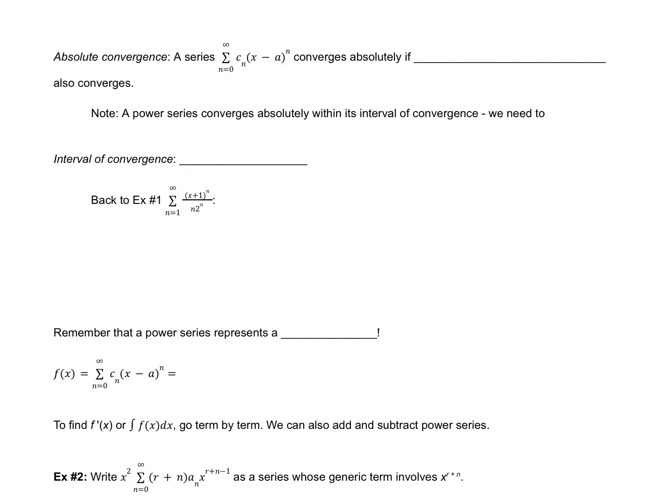Okay, so next thing to talk about is absolute convergence. So we say that a series converges absolutely if the sum from n equals 0 to infinity of the absolute value of c to the n times x minus a to the n also converges.